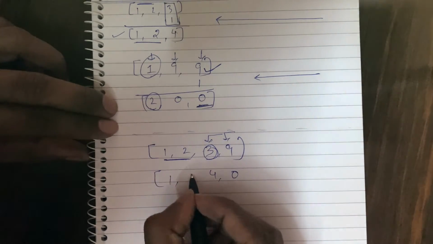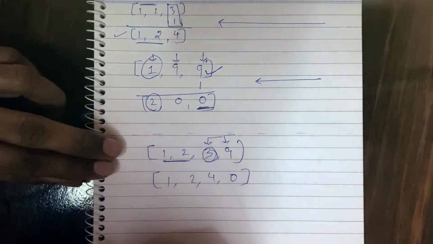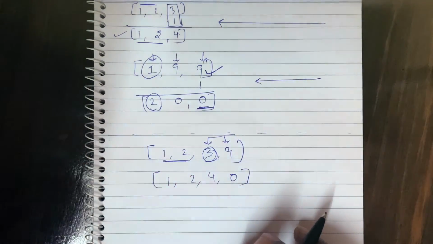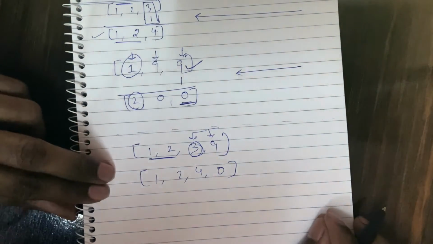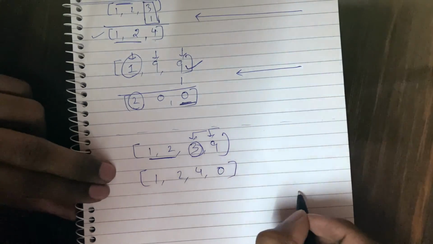So every time we don't have to scan the whole array because we are doing this operation in place. We'll scan until the position where we get a number less than 9. So that's the logic. We'll scan from the right.